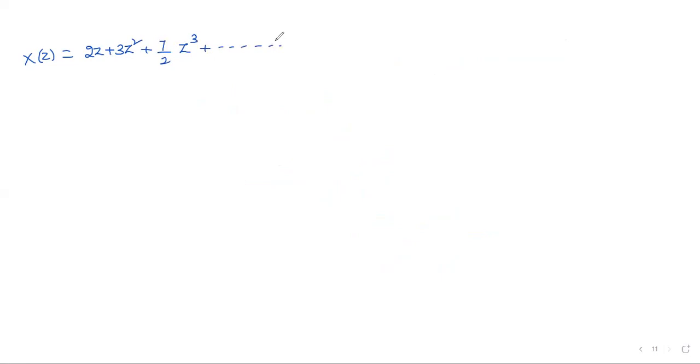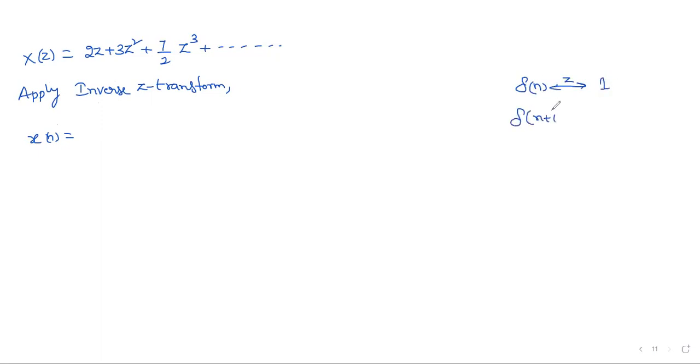Now, whatever the coefficients are there, apply the inverse z transform. If you apply the inverse z transform, what will we get? X of n is equal to, let me see here: del of n, z transform is 1. Del of n plus 1, z transform is z power 1, z.